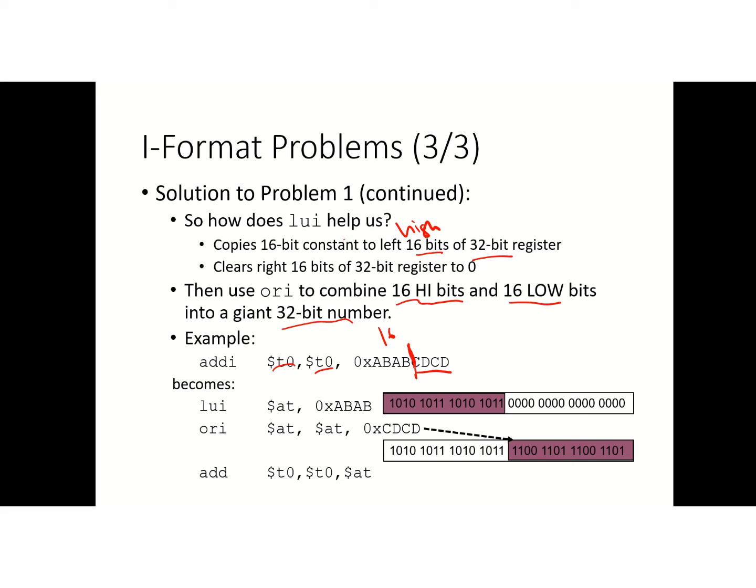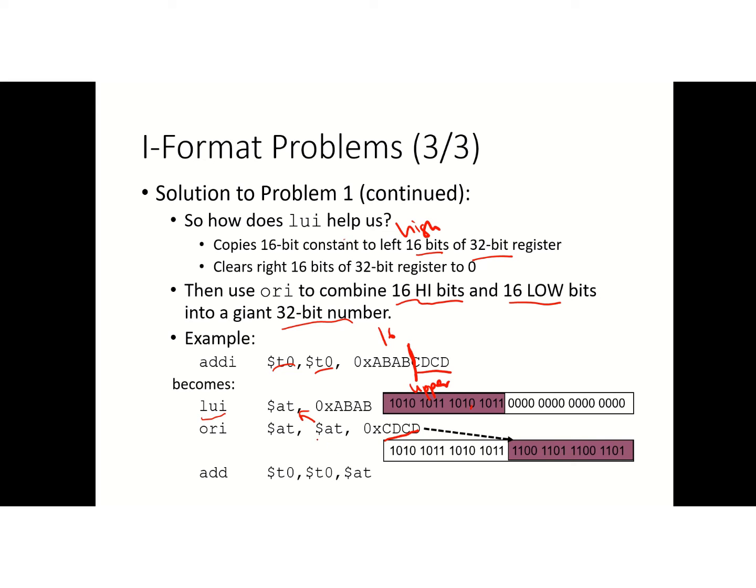So they divide it into 4 hexadecimal digits, ABAB. Using load upper immediate means that the upper half here will be filled with ABAB. And then ORI $at, where $at means the source comes from the previous line. So the first source is $at, the second source is the constant, in this case CDCD.